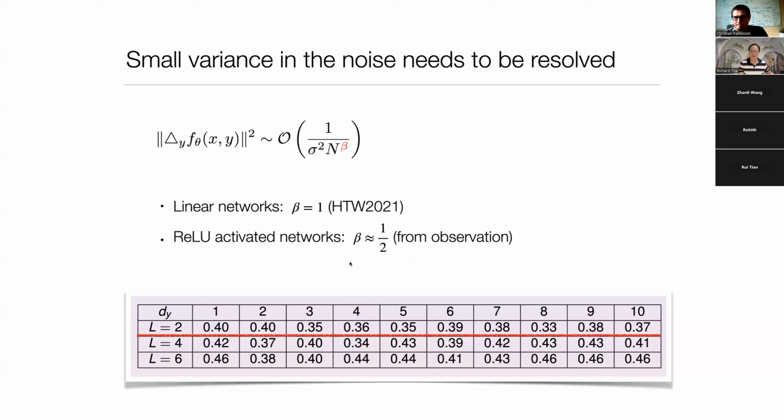And this is from empirical observation, which I try to illustrate here with the table on the bottom. So the first row of this table is the dimension related to the normals. How many independent normals you have? 10. And then these are networks with 1 hidden layer, 4 and 6 hidden layers. And then we try to estimate beta from numerical simulations. So these are the estimated betas.